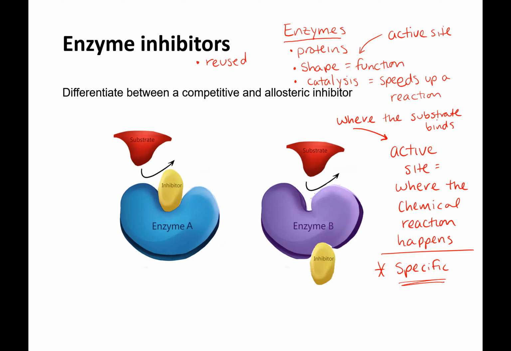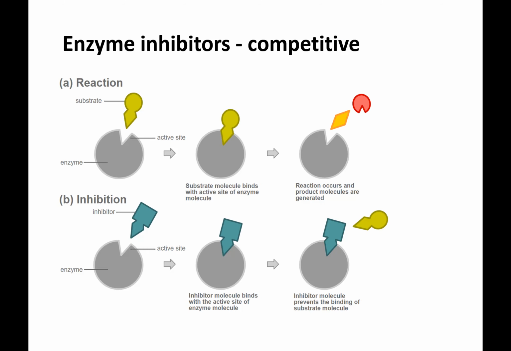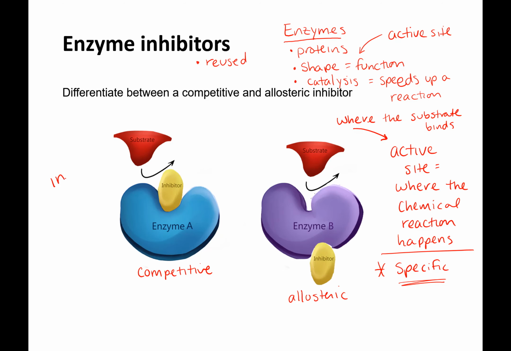Okay, so this little diagram on the first slide is showing you overall what we're going to be talking about. We're going to be talking about both competitive and allosteric inhibitors. So let's look at a competitive inhibitor. An inhibitor is basically going to block the enzyme function so that the enzyme cannot make the chemical reaction happen.